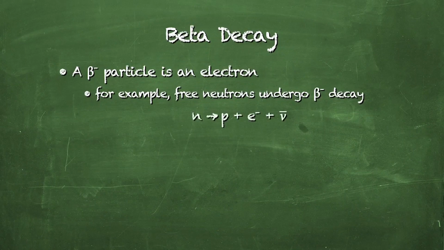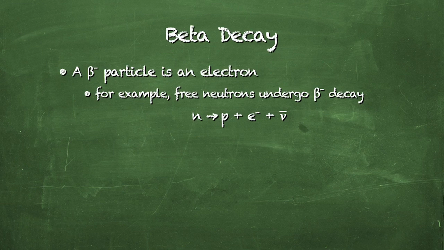A neutron becomes a proton plus an electron, that's our beta minus particle, plus an anti-electron neutrino. So just to check, we've balanced our number of nucleons, a neutron on one side and a proton on the other. We've balanced charge.